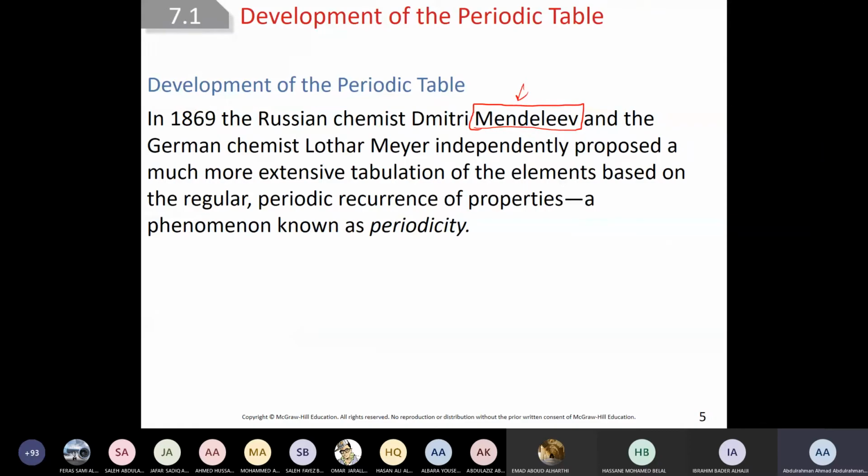At the time of Mendeleev, the atomic number, what's the atomic number? Number of protons. It was not known at the time of Mendeleev. So they were putting the elements according to their mass.